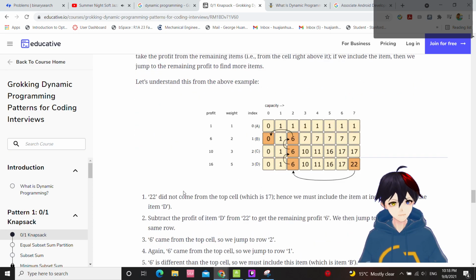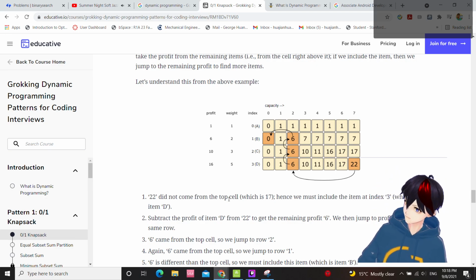Why did 22 not come from the top row? So, they're all 17.